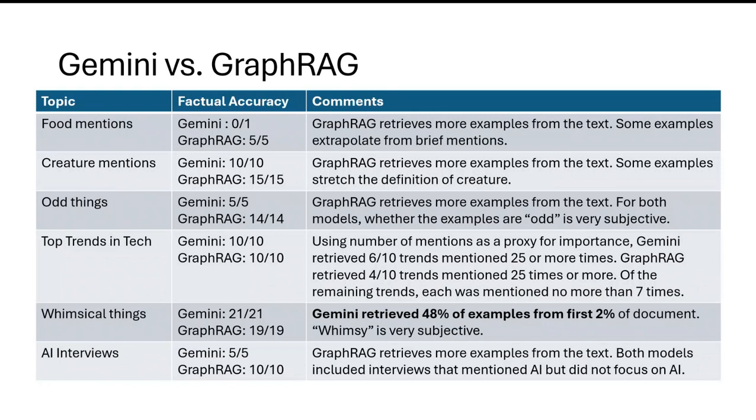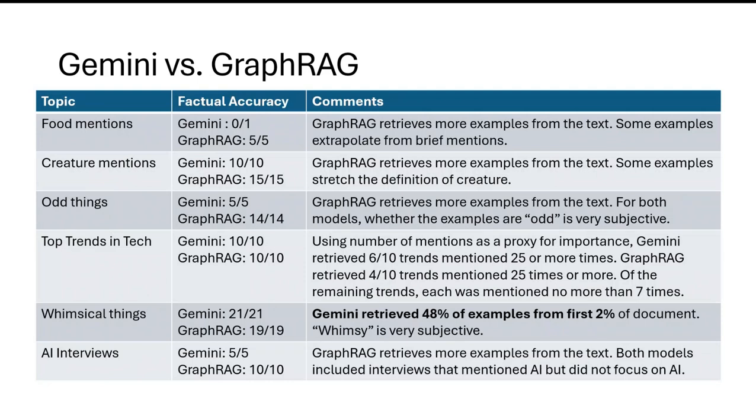There was only one case wherein Gemini had a better understanding, involving whimsical and materialistic things in the first part. There was a question set which only focused on the first few episodes of the transcript. If the question is from the first few episodes of the transcript, Gemini tends to have a better response.